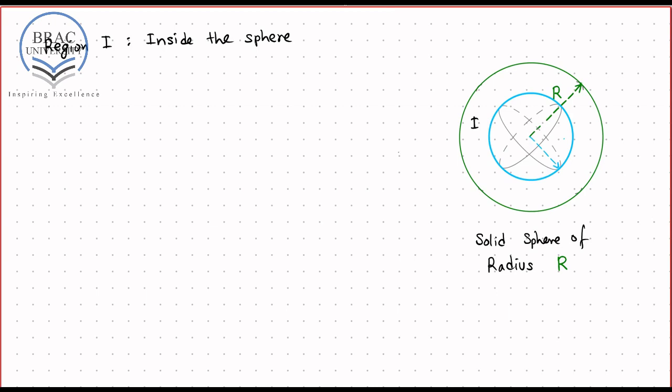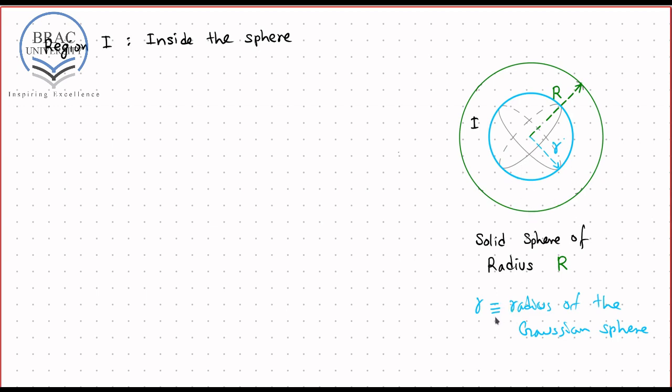This is region 1. In region 1 I have a small blue sphere. The radius of the blue sphere is small r, and this small r is the radius of the Gaussian sphere. This is very important because big R is the radius of the actual solid sphere that we are considering, and small r is the radius of the Gaussian sphere inside the original solid sphere.